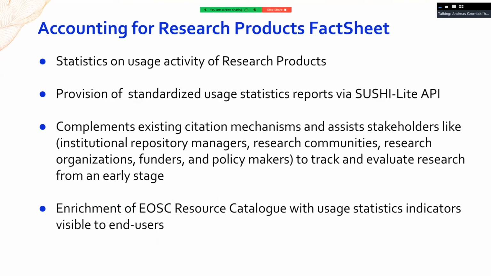The one which I said is the statistics on user activities for research products, which is robust and in production, based on standardized versions, open protocols, COUNTER Code of Practice standards, or SUSHI-Lite APIs.